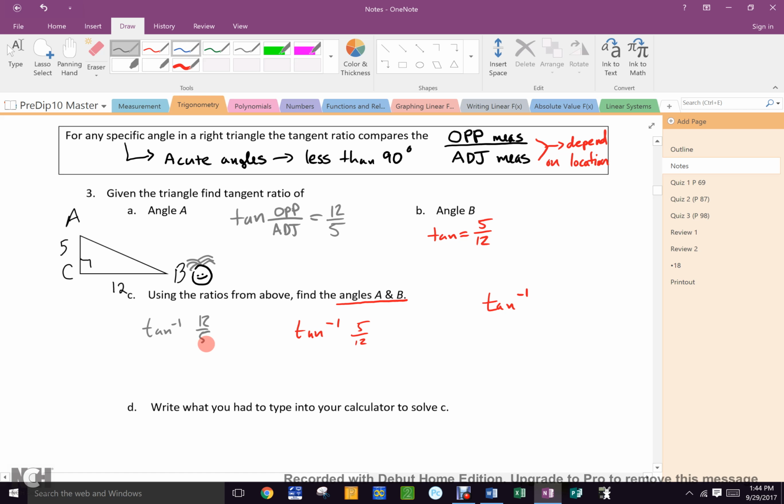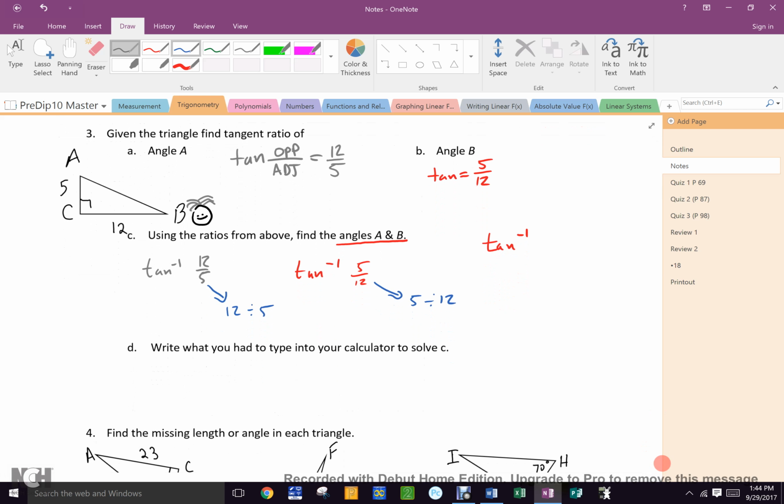Now, what math is that? 12 divided by 5. What math is that? 5 divided by 12. Now, you must figure out how your calculator will get you the right answers here. I will show you what I mean.